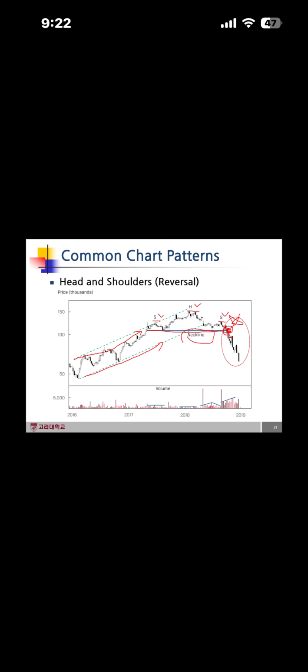If the price breaks the neckline, or the support level, during the head and shoulders pattern, it is interpreted as a confirmation of the trend reversal, suggesting that the previous upward trend may now turn into a downward trend.